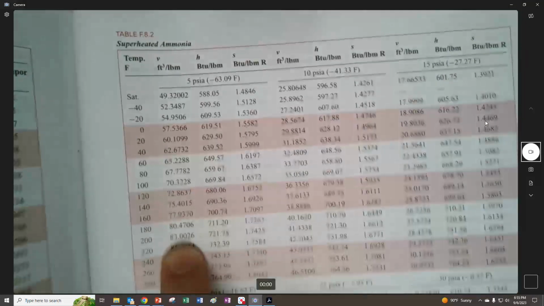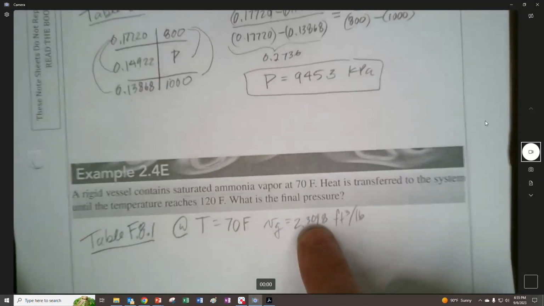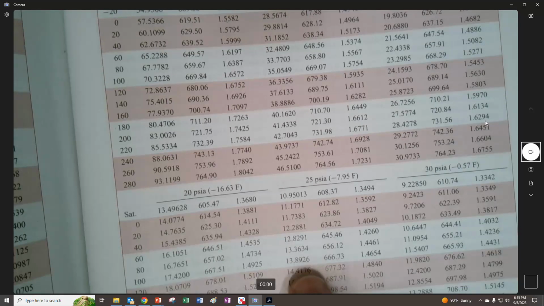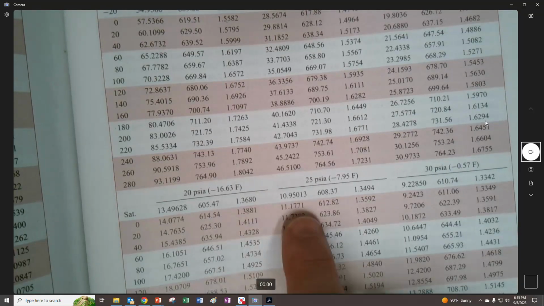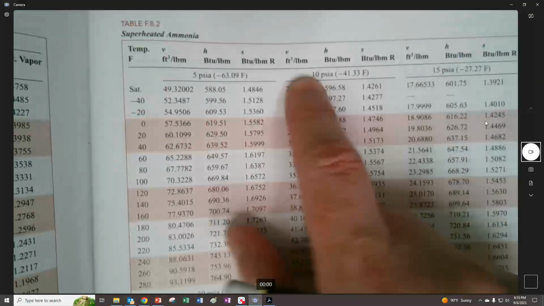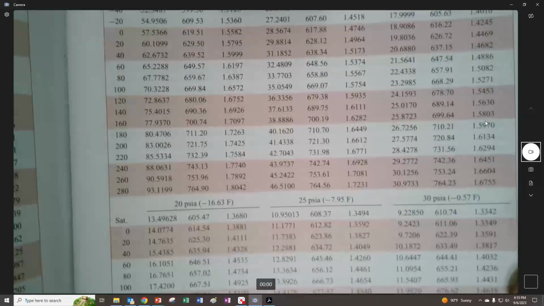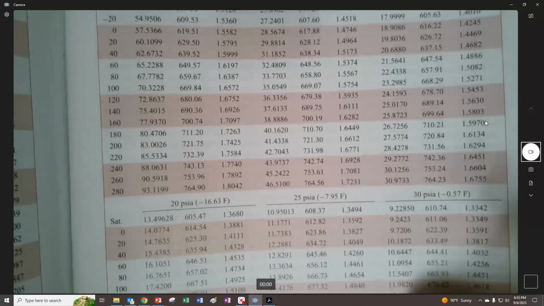These numbers are way too large. We're looking for a number that's like 2.3. So we're jumping around here. By the way, look at it. They got rid of internal energy. They didn't care about that. We don't really use internal energy all that much. At least I don't. Nothing on this page is even close.